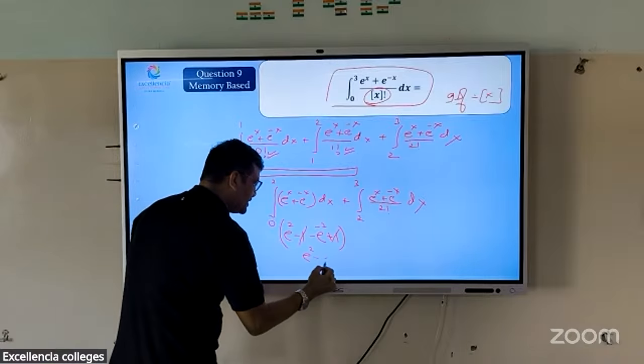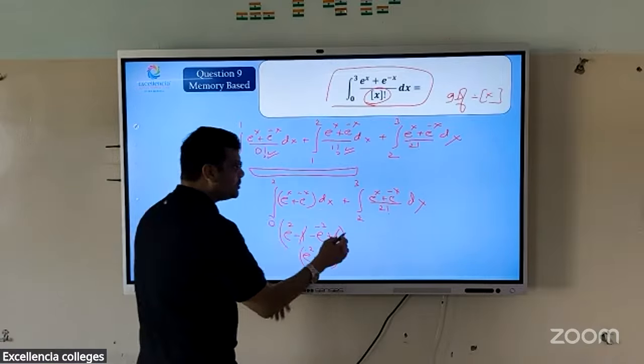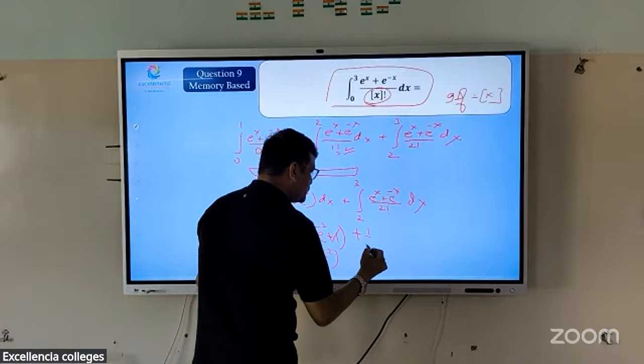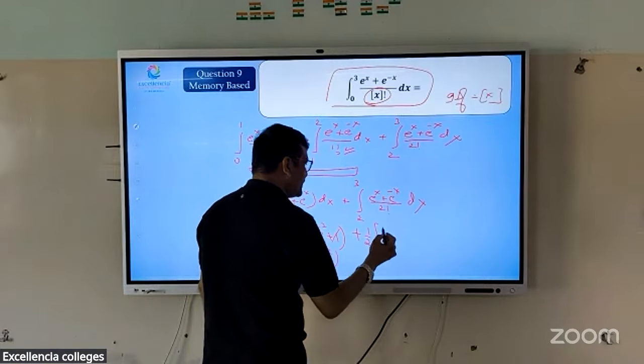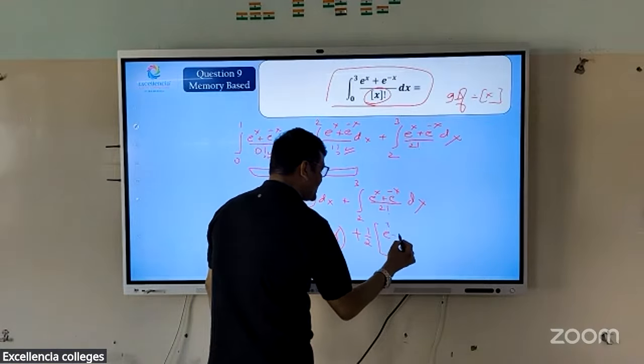E power 2 minus e power, 1 by 2 into e power x, so e cube minus e square. Right? E cube minus e power minus 3. I think this can pick up again. Right? So some questions are easy. Directly can do it.